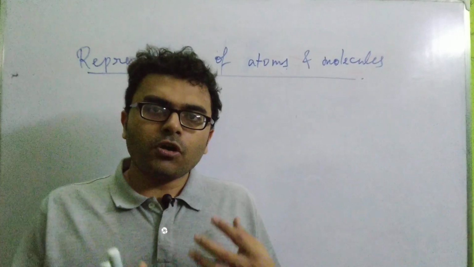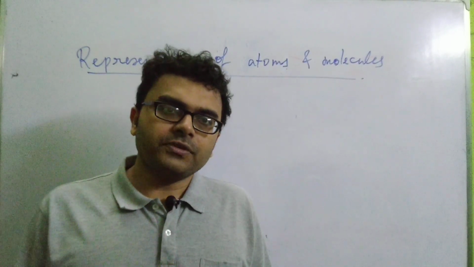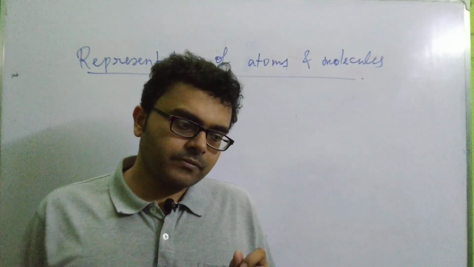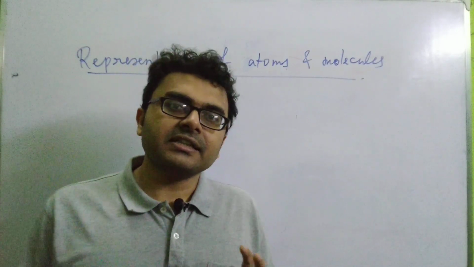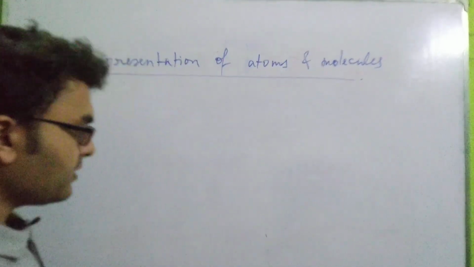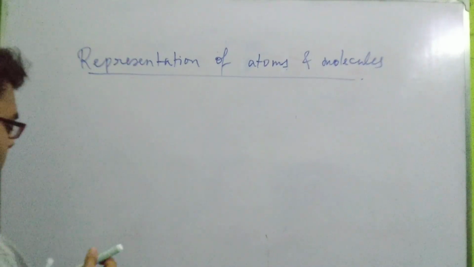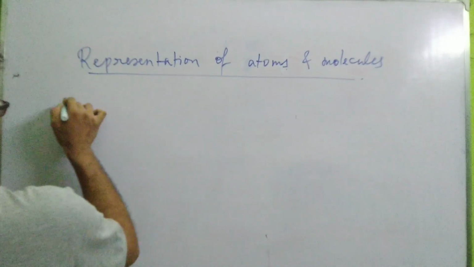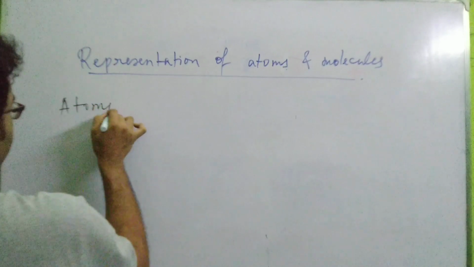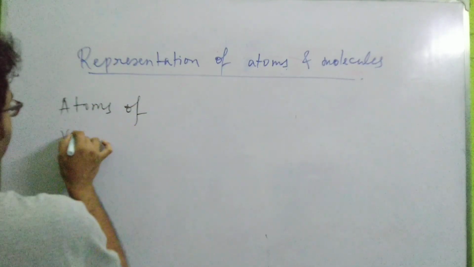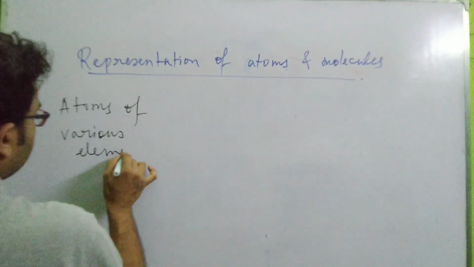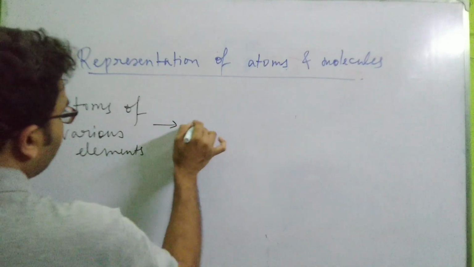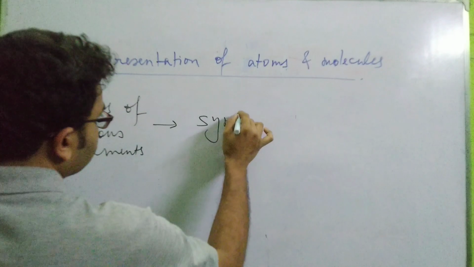That shorthand representation of the name of a particular element is regarded as a symbol. So atoms of various elements are represented by symbols.